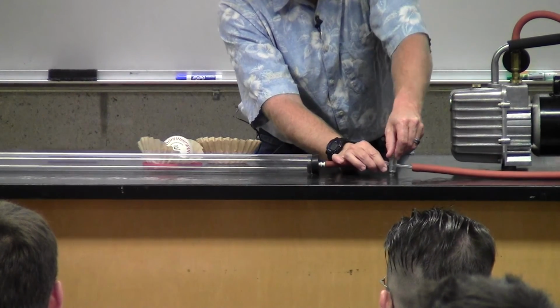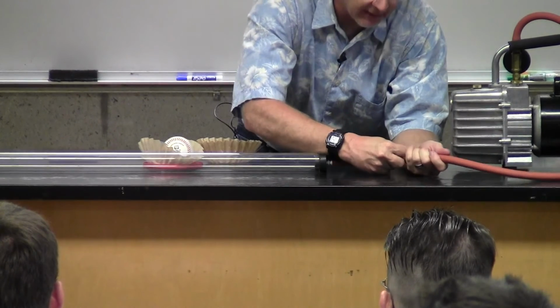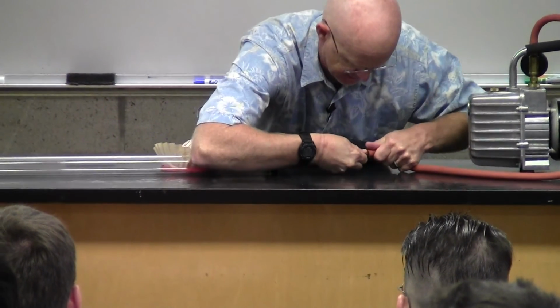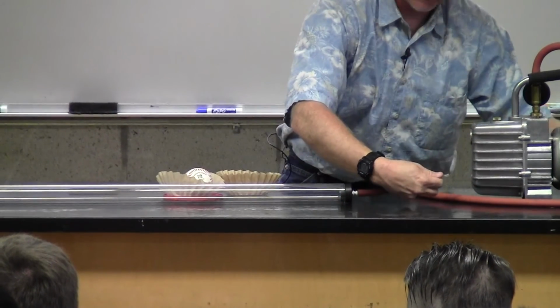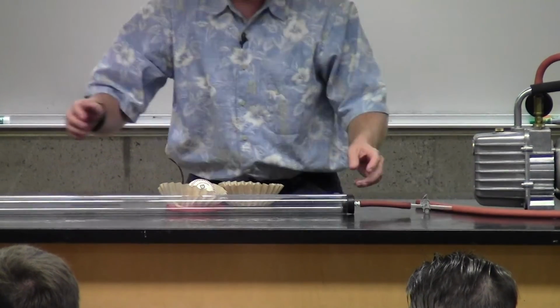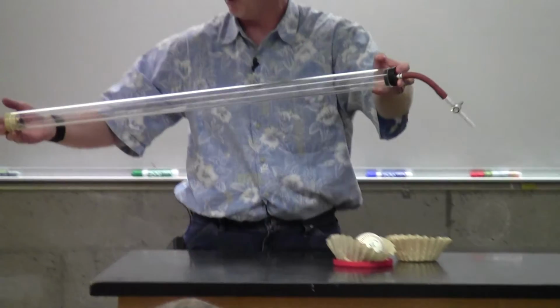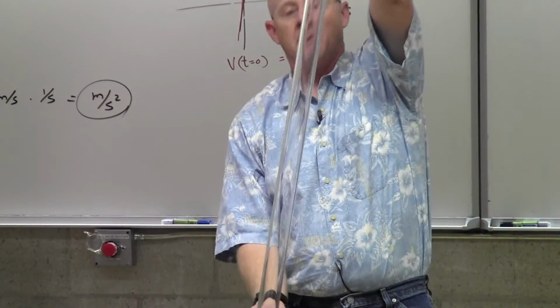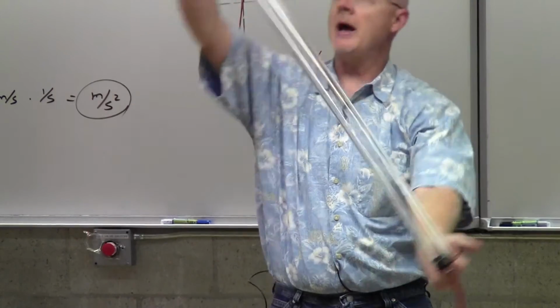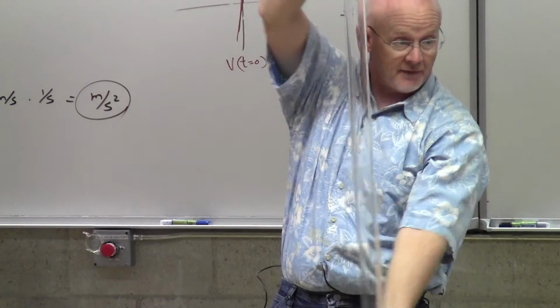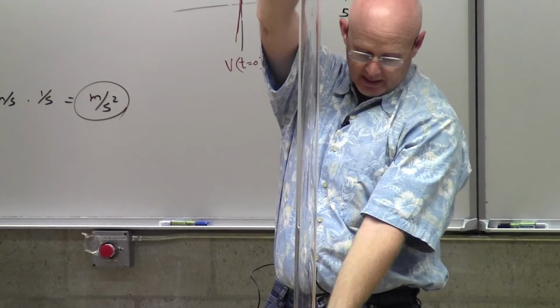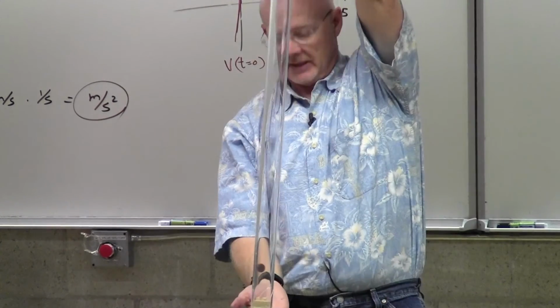Then these two objects should fall without any interaction to the air. And they each should fall at the 9.8. And so now, I think you can see they fall together. And they fall at that same rate.